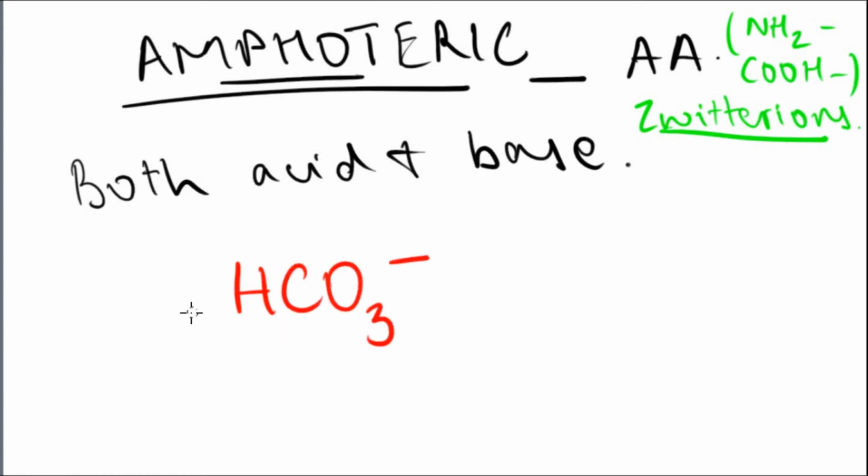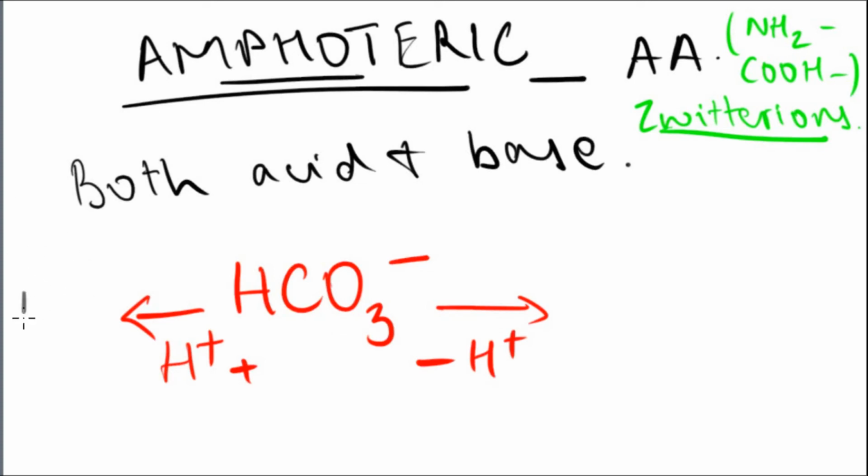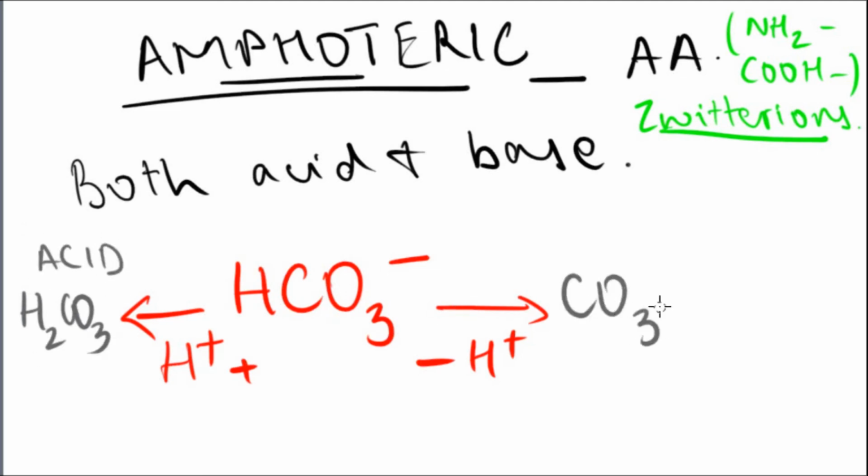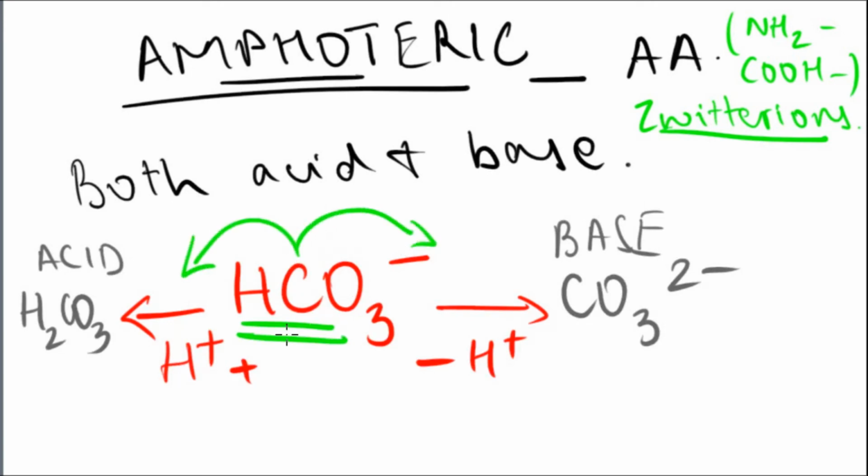If you add a hydrogen to this, it can become an acid, and if you remove a hydrogen from this, it can become a base. So it is amphoteric. Why? Because if a proton is donated to it, it will become carbonic acid, and if a proton is taken away from it, it becomes carbonate ion. So it can act as both a proton donor and a proton acceptor.